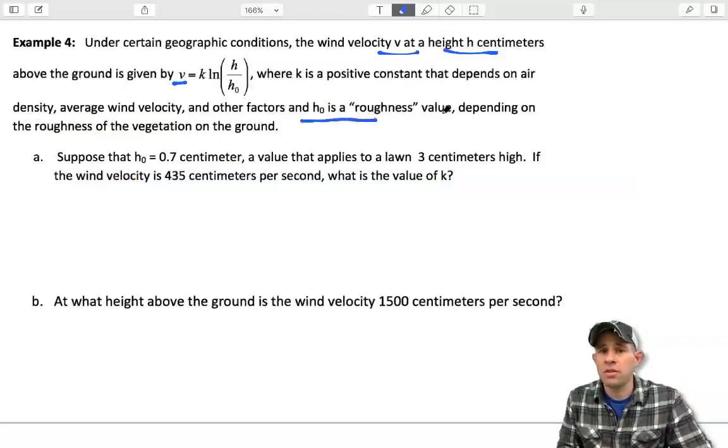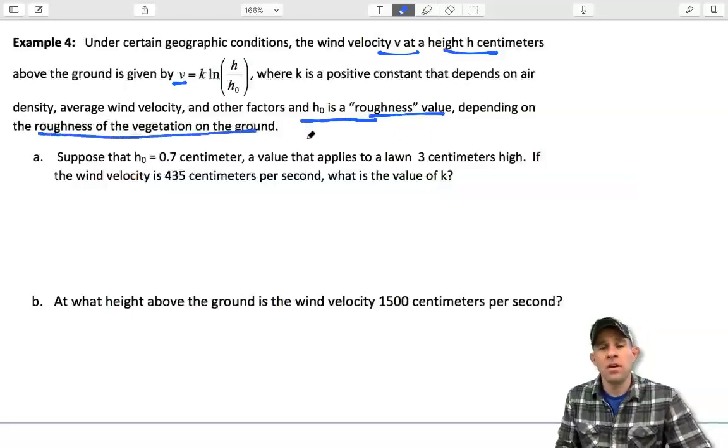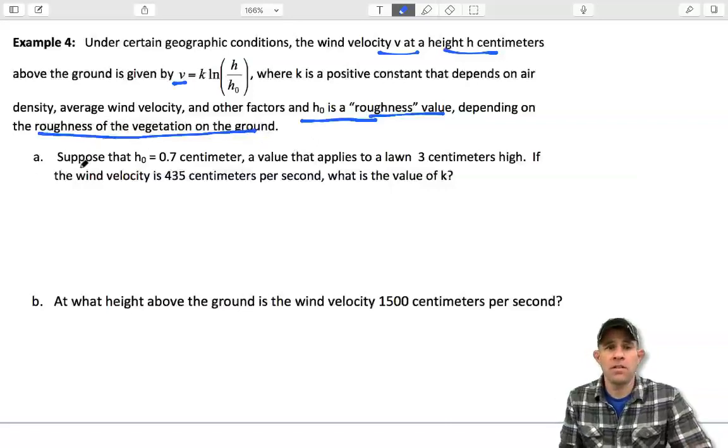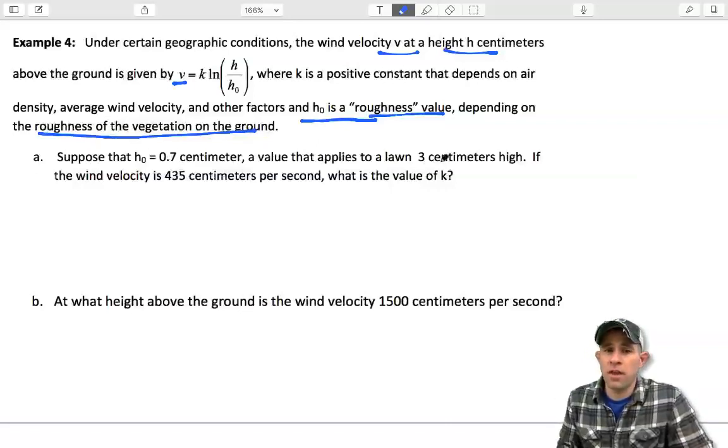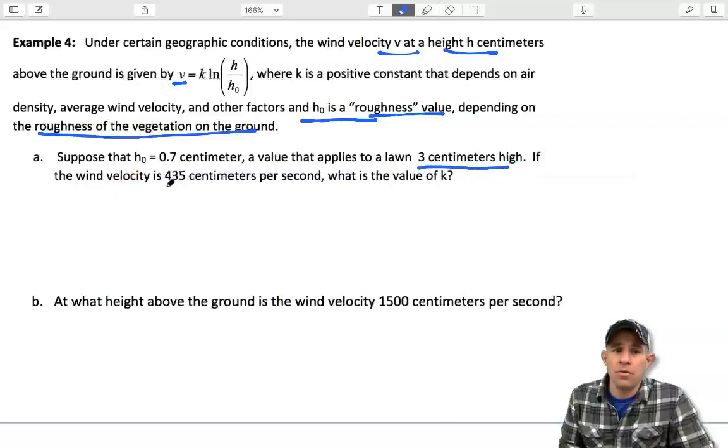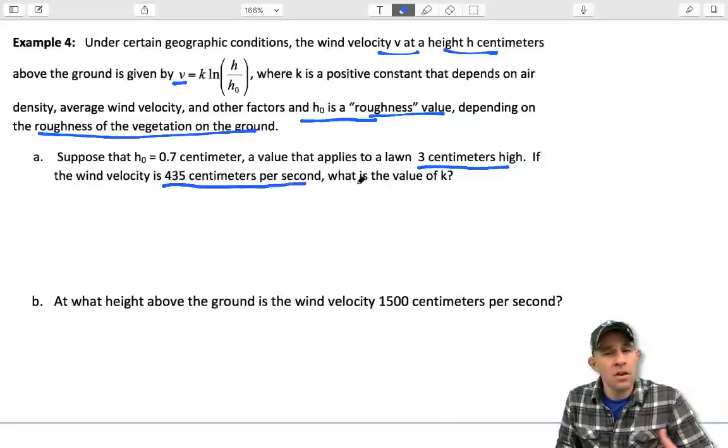H sub 0 is the roughness value depending on the roughness of the vegetation on the ground. Suppose that h sub 0 is equal to 0.7 centimeters, the value that applies to a lawn 3 centimeters high. If the wind velocity is 435 centimeters per second, what is the value of k?